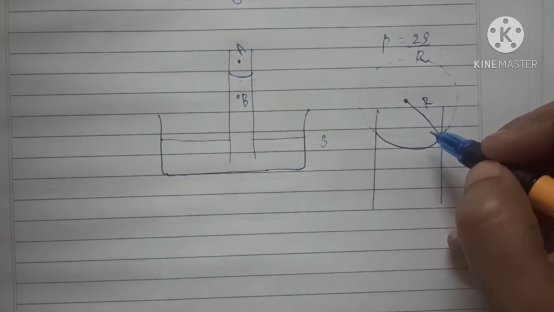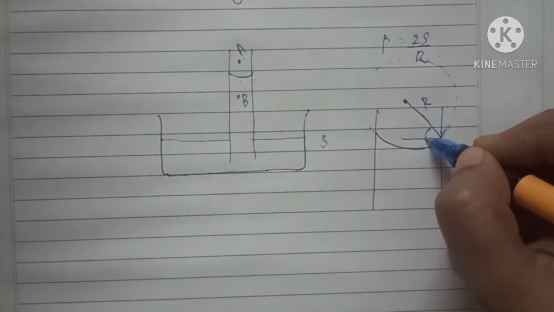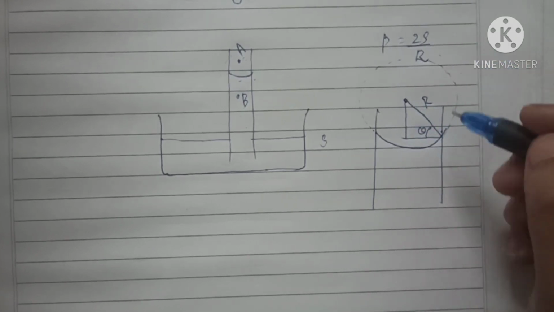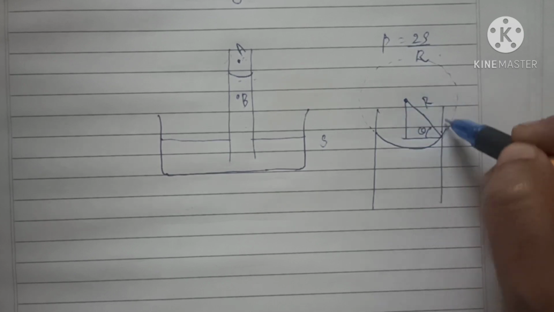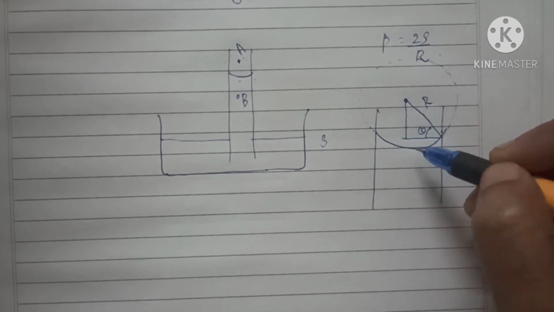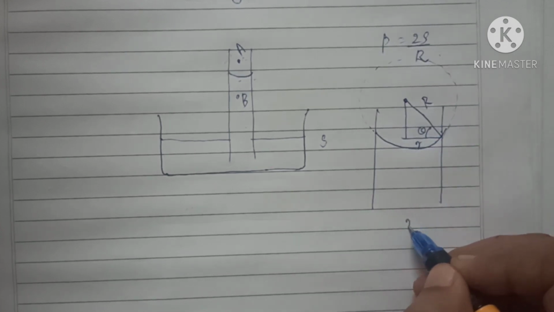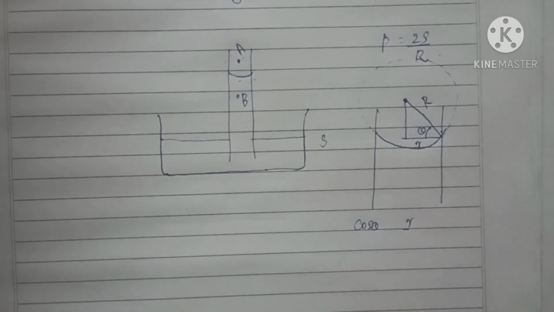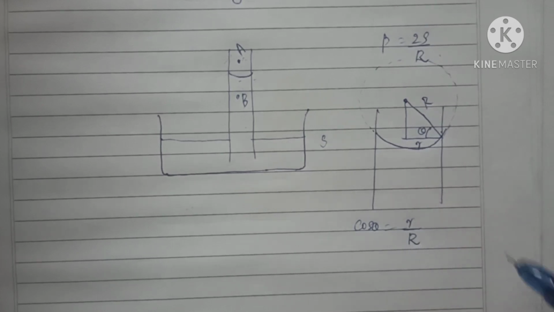So here you can mark an angle theta like this. Join this also. So if theta is the angle of contact, then from this right angled triangle, you can mark this as small r. What is small r? You can take cos theta here. That is cos theta is equal to small r divided by capital R, isn't it?